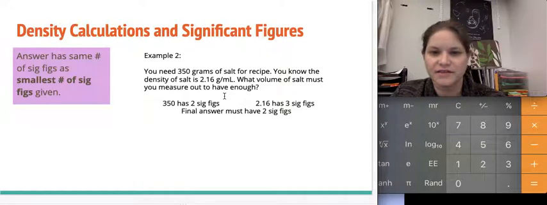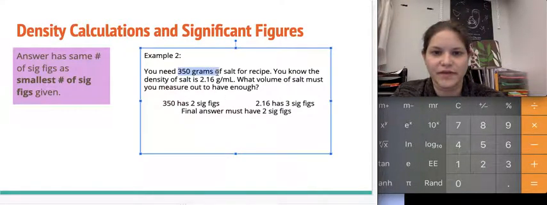First of all, let's take a look at those sig figs. The mass, 350 grams, only has 2 sig figs. And then the density, 2.16 grams per milliliter, has 3 sig figs. So that means our final answer has to have the smallest number, which is 2.